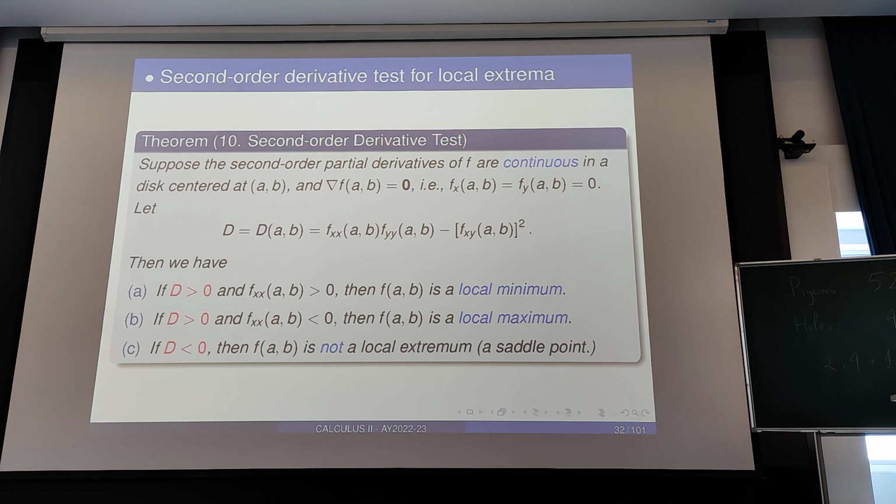We suppose that the second order partial derivatives of f are continuous in an open disk centered at the given point (a,b), and such that the gradient vector of f at (a,b) equals 0.